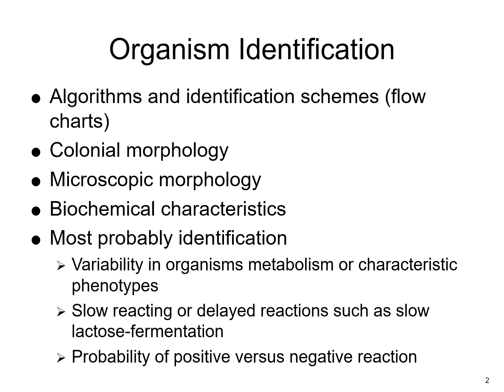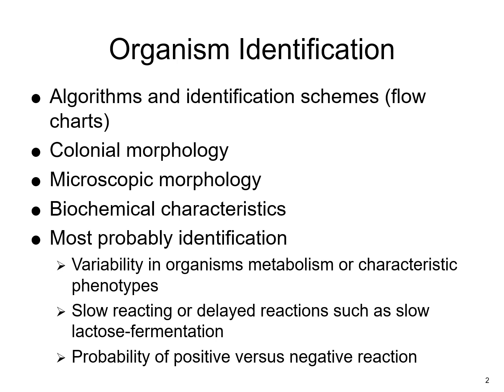There are some that have slower or delayed reactions, such as they may ferment lactose a little bit slower than another organism that is the same genus and species. So maybe cultured from one person, it gives certain characteristics, whereas cultured from another person, it gives different characteristics.